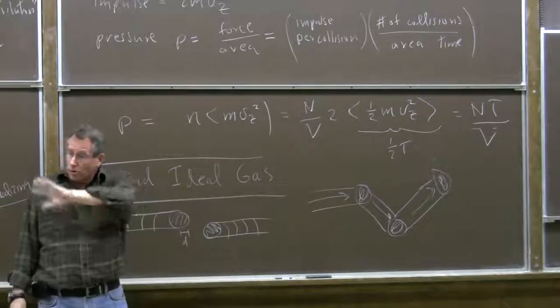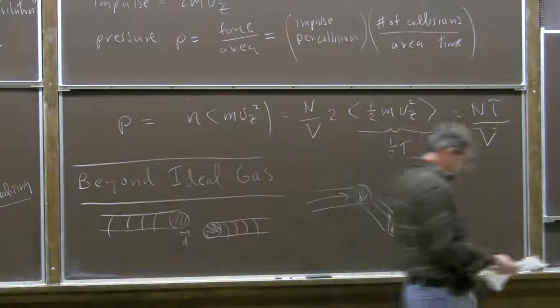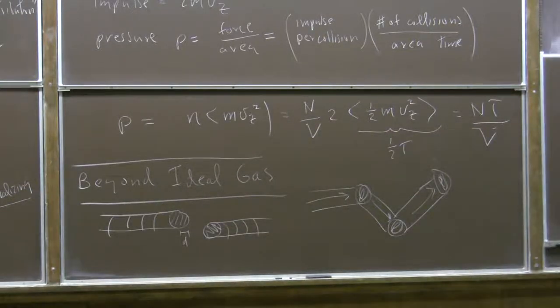If the molecule moves distance L, this cylinder that it sweeps out has a volume which is its cross-sectional area, which is just pi d squared, times the distance L that it travels.